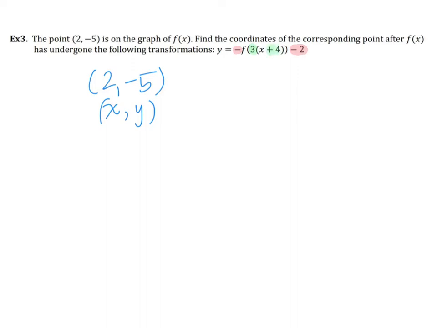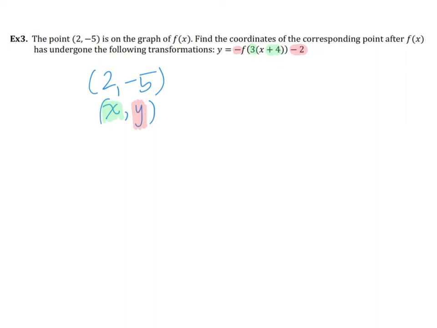Anything on the inside of the parentheses is associated with horizontal movement. In the same regard, y is what's going to be impacted by vertical changes, and the x coordinate is what's going to be impacted by horizontal changes. So let's go ahead and actually make these impacts.